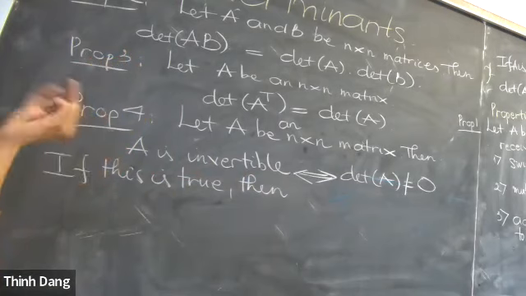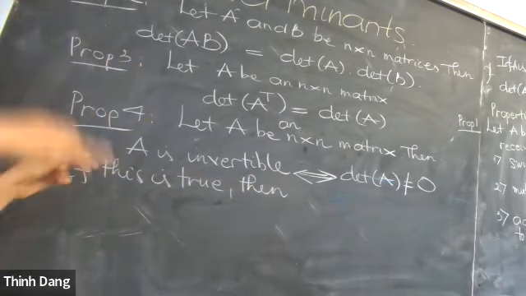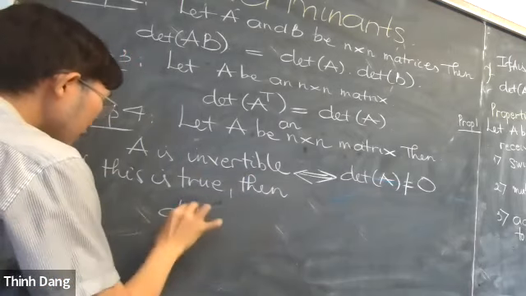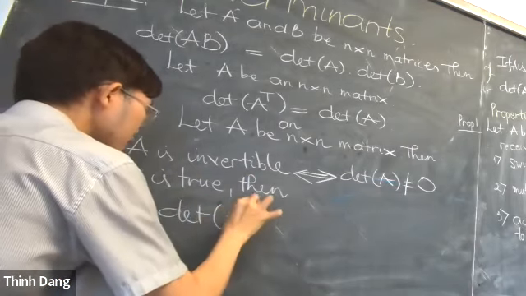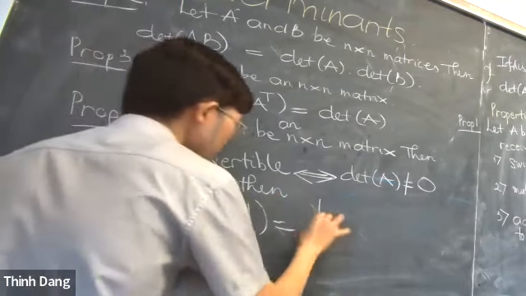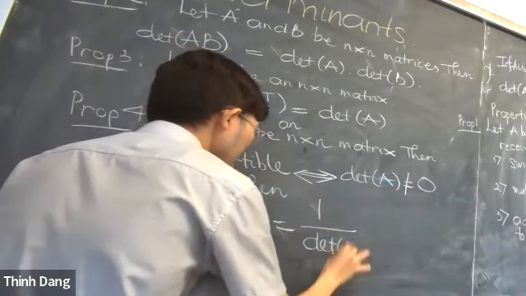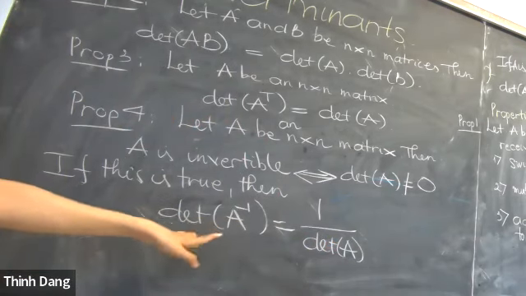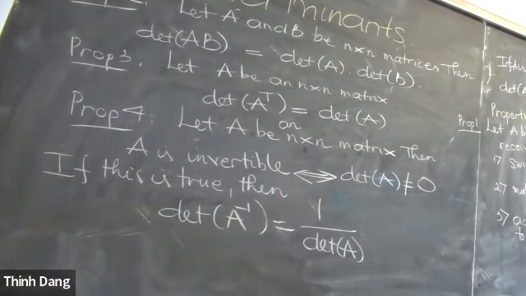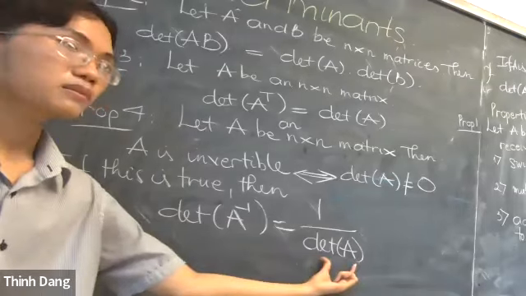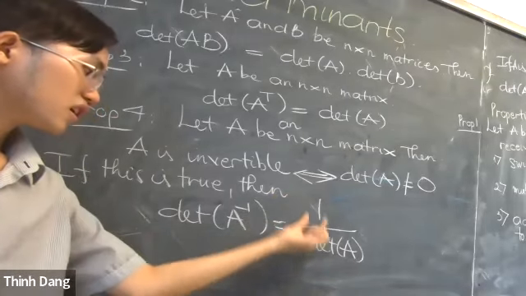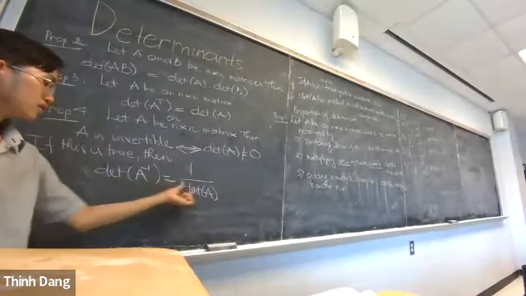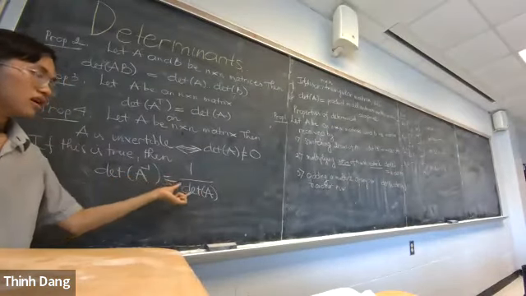And in that case, there will be a relationship between the determinant of A inverse and the determinant of A. The determinant of A inverse is actually equal to 1 over the determinant of A. Okay, this is a number, this is also a number. The first number is equal to 1 over the second number, meaning that the determinants of these matrices are inverses of each other.